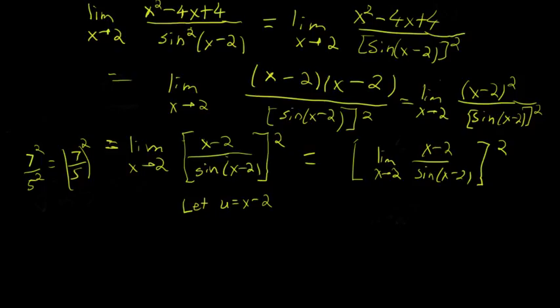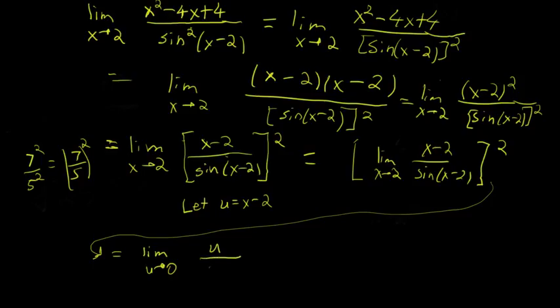And if u equals x minus 2, then as x tends to 2, u is going to go to 0, because u is x minus 2. That's the limit as u tends to 0. X minus 2 becomes u. Sine of x minus 2 becomes sine of u.